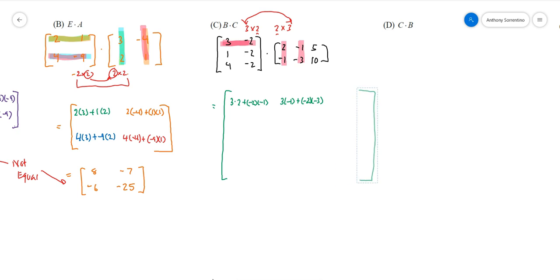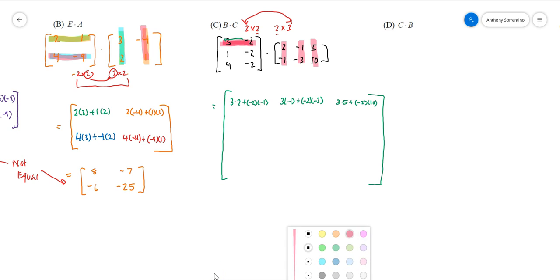Move this out a little bit. And then I'm going to do this row here now with this column, and it's going to give me 3 times 5 plus negative 2 times 10. That takes care of the first row on the first matrix.